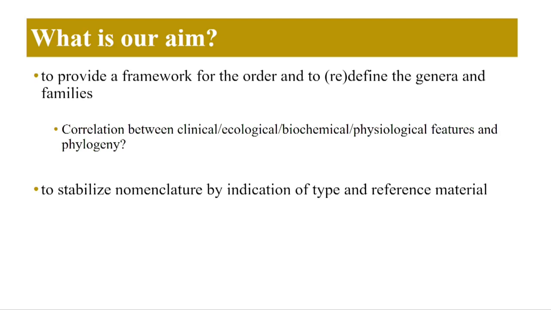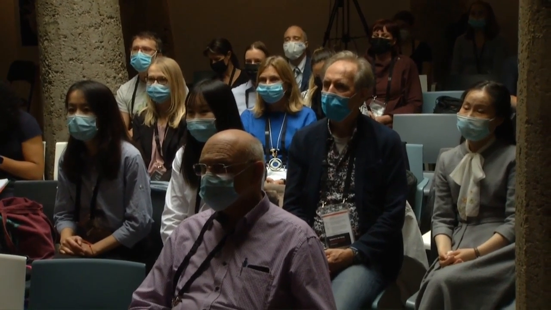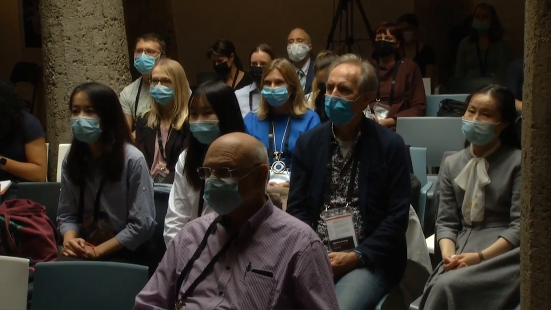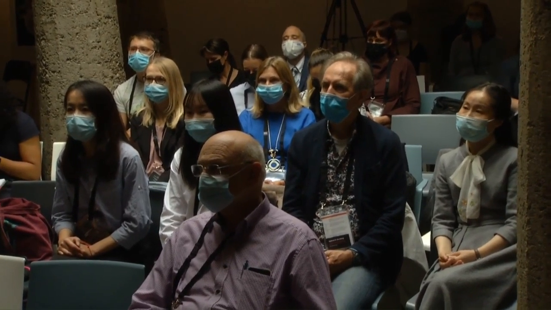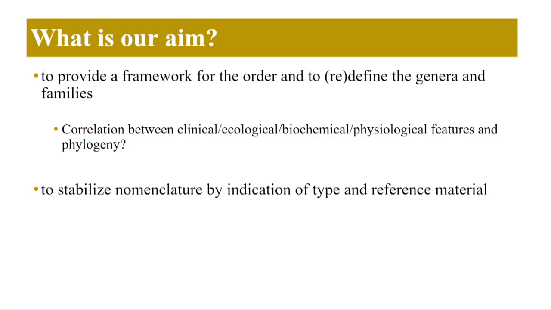So the main question, which came from Sybren, was: can we define the order, the families in the order, based on their ecology? If we think of their ecologies as entities of evolution, is it possible to show them separately instead of branches in the phylogenetic tree?